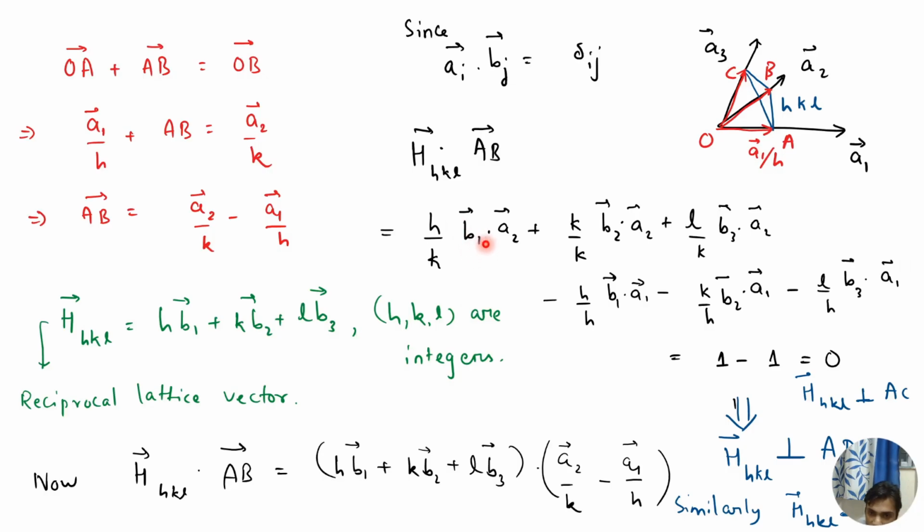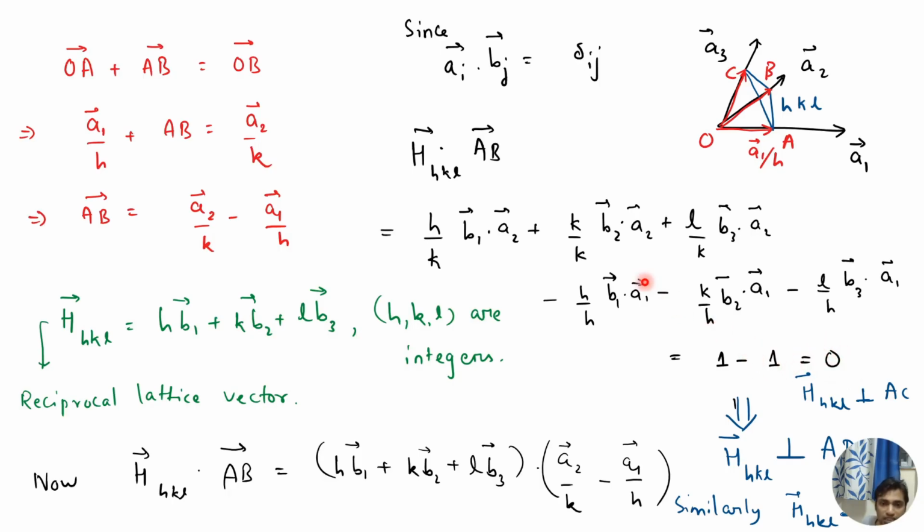Wherever you see these indices are different, that will vanish, because we have ai dot bj equal to delta ij. So this will vanish, this will vanish, this will vanish, and this will vanish. The two terms that remain are k by k b2 dot a2, and b2 dot a2 will be 1 because these indices are the same. So that is 1, minus this also being 1, h by h b1 dot a1, b1 dot a1 is 1 and h by h is 1. So 1 minus 1, what you have finally is 0.